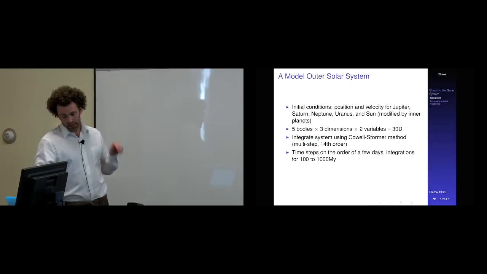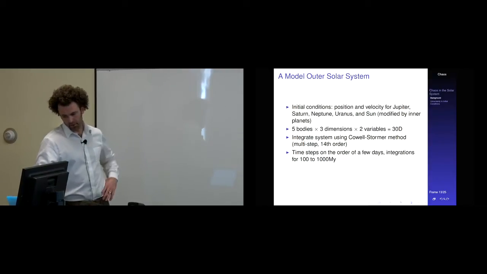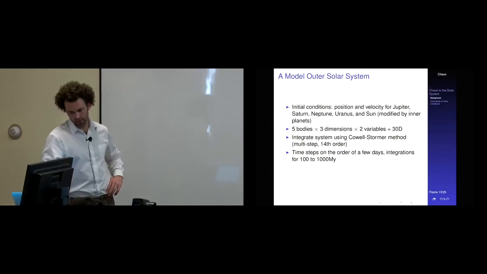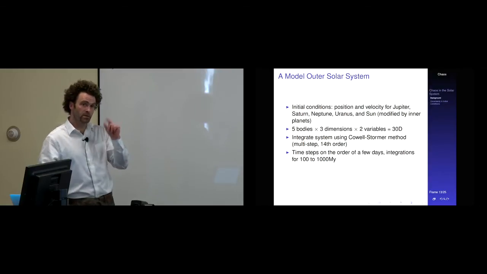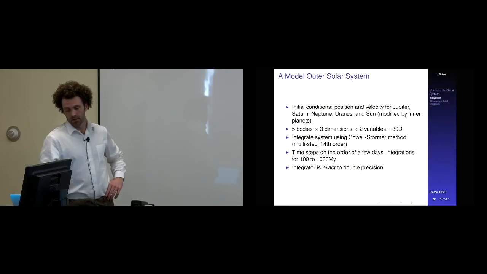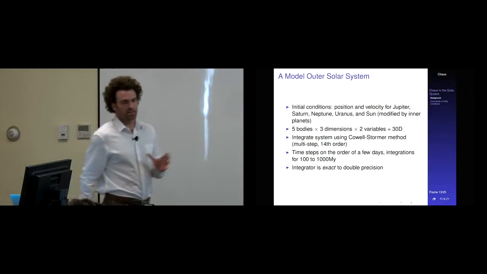The time steps, like how long is that little approximation in time, are on the order of a couple days, and then we integrate this for 1 billion years. Like, where do the planets go over the next 1 billion years? And we're going to make little perturbations and see what happens. And this integrator, this is crazy. It's exact to double precision.